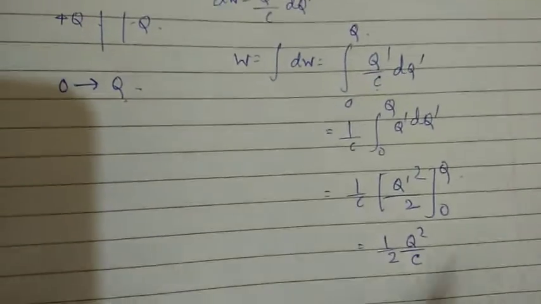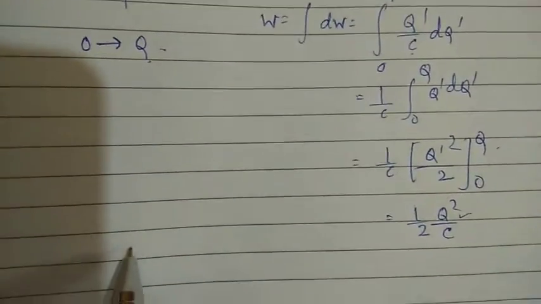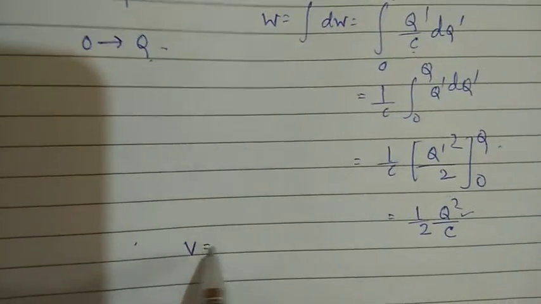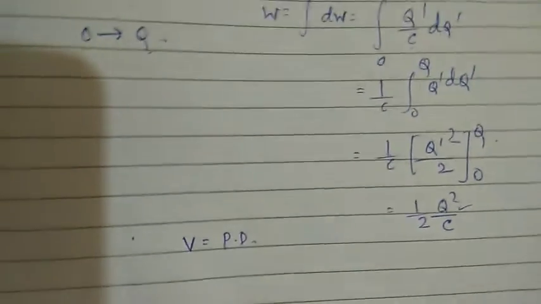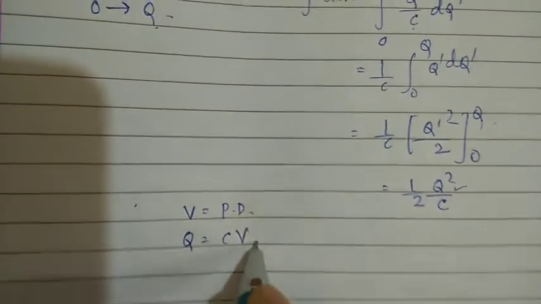Now when it is fully charged, say it has charge Q and the potential difference between the plates is now V. So this is the PD. Now we can write Q equals CV.